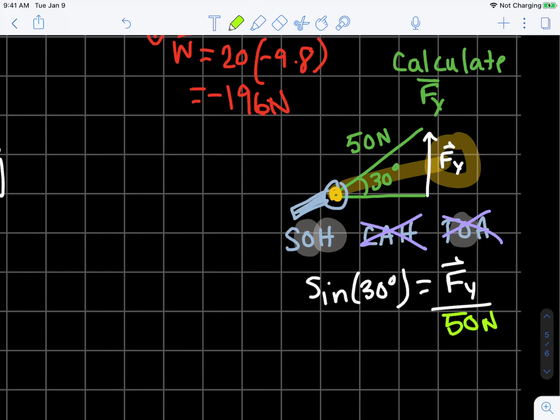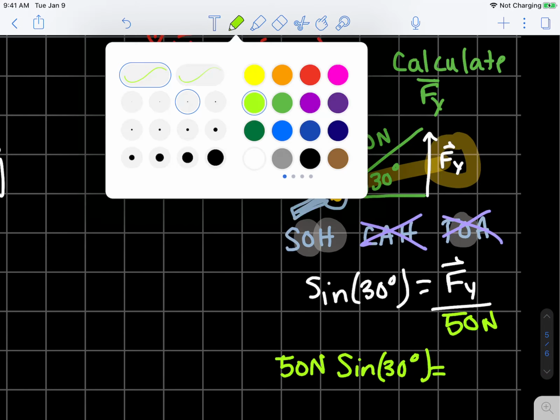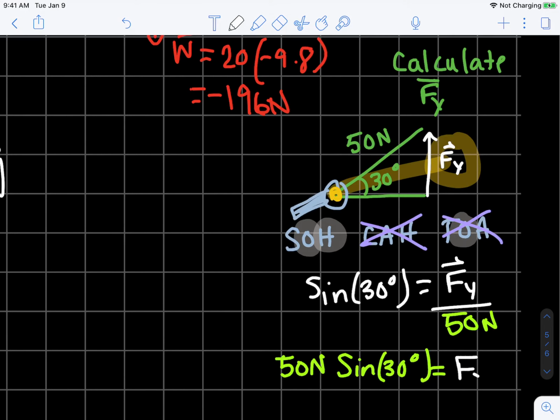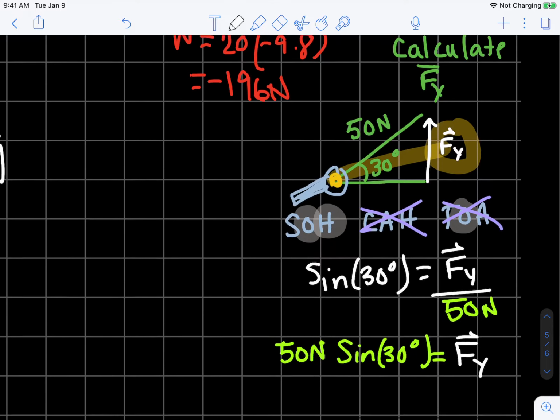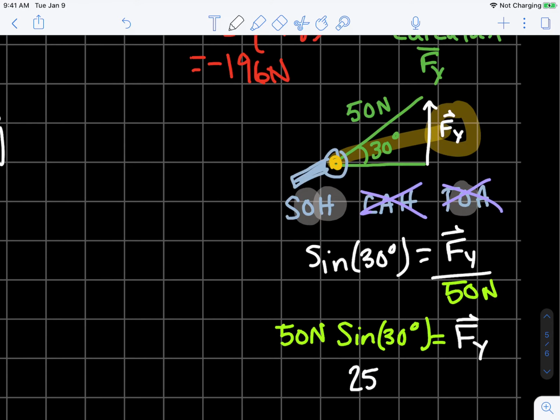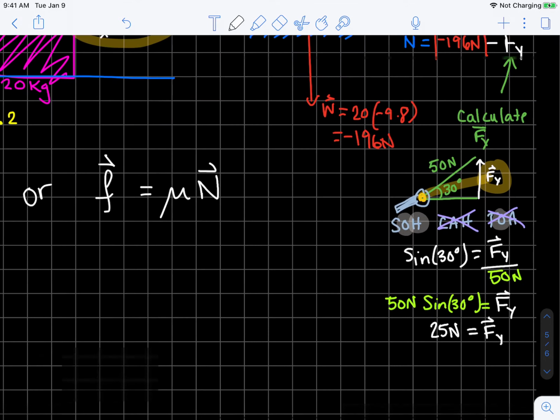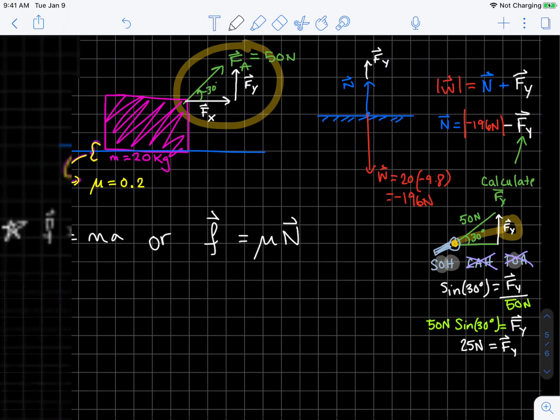Multiply both sides by 50 newtons, and you get 50 newtons times the sine of 30 degrees equals Fy. So I take my calculator and type in 50 sine of 30, and I get 25 newtons. So my force in the y direction, my y component, is going to be 25 newtons.